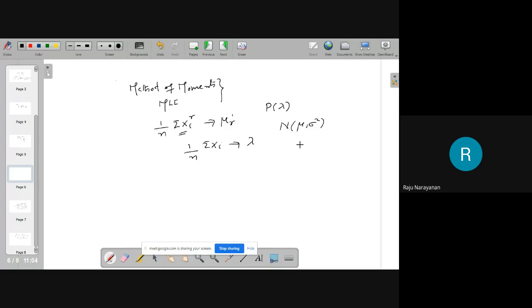Then what is sigma square? Sigma square is expectation of x square minus expectation of x the whole square.